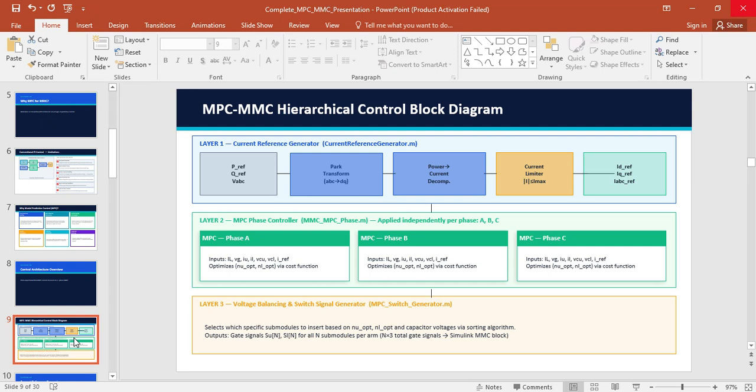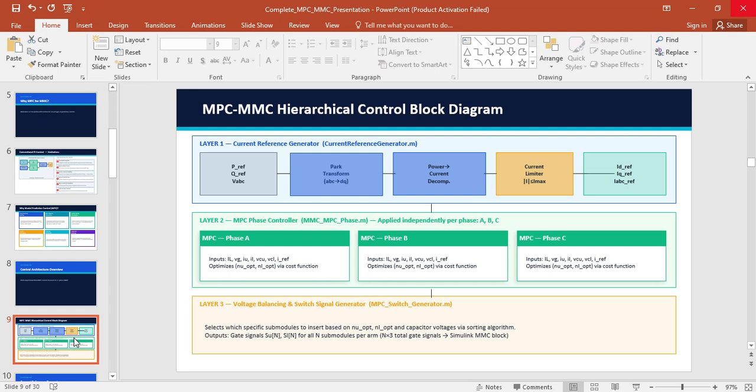So in layer 2 we have the MMC phase controller independently for each phase. It takes as input the current, the voltage, the upper arm current, the lower arm current, the upper arm capacitor voltages, the lower arm capacitor voltages, and the IREF, which is the reference current given by layer 1.